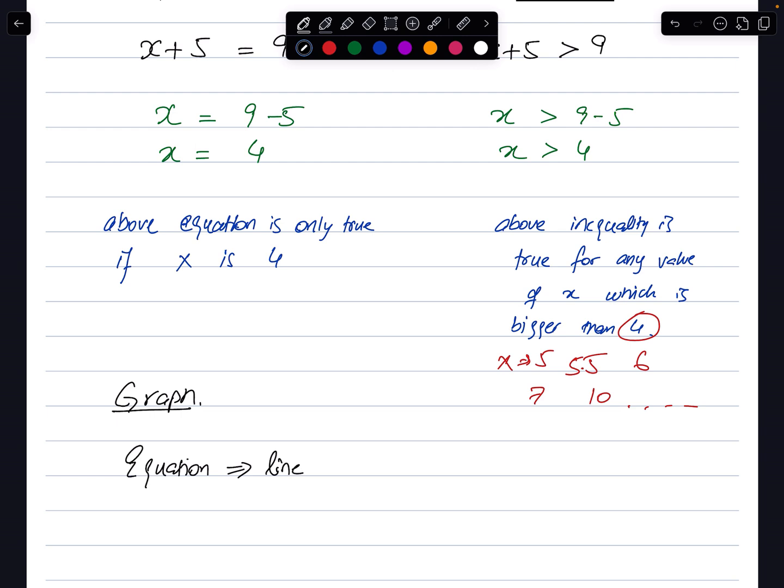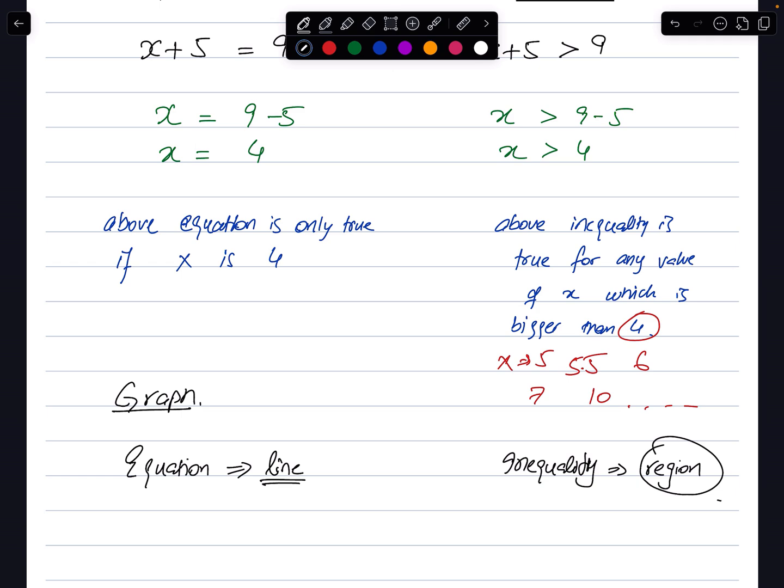For us, curves also exist obviously later on, but for now we should think that an equation is always represented by a line, and an inequality would be represented by a full region. A whole area on the graph will be satisfying that inequality, whatever inequality we'd be talking about.